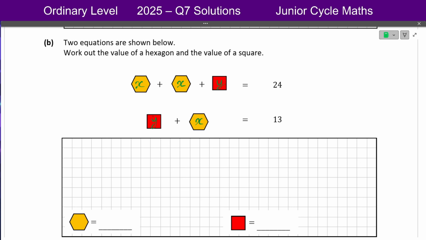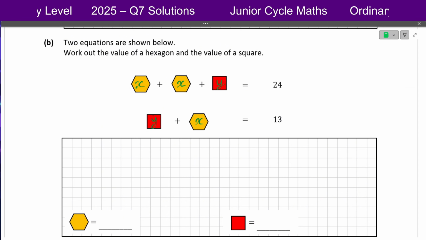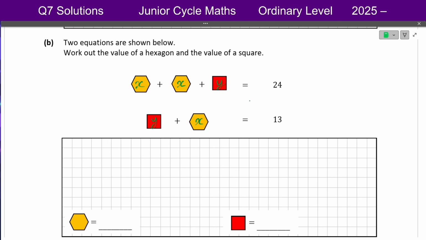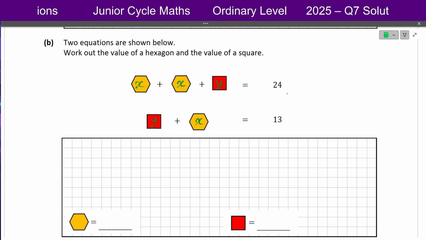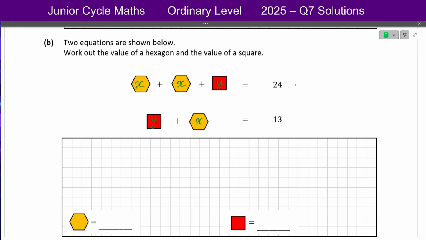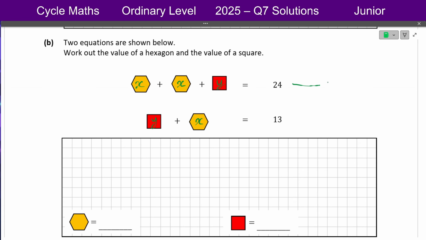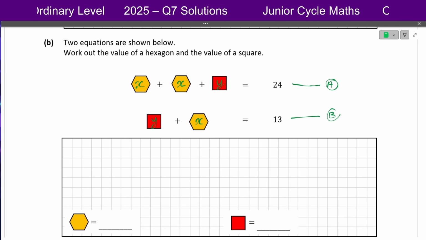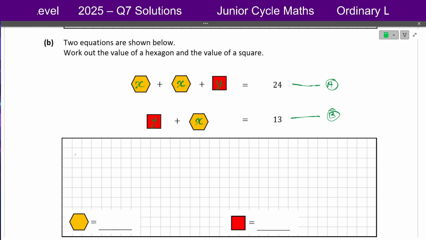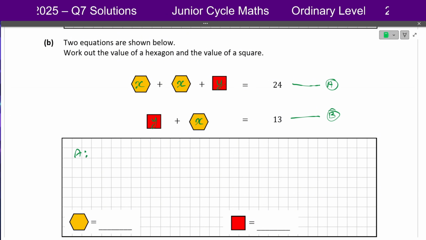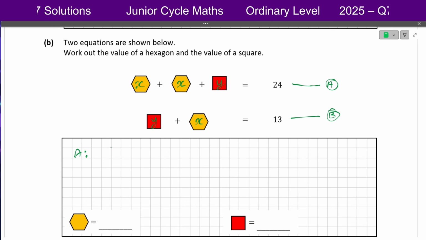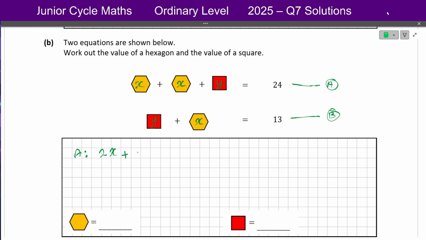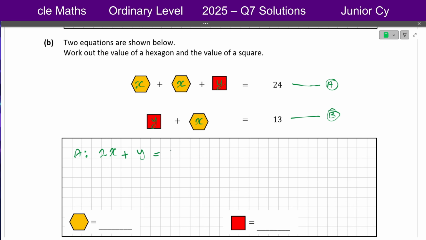So now we have 2 simultaneous equations, and we can solve those 2 equations to find the values of x and y. Maybe it's better to call the first equation a, and the second equation b. So from a, we have x plus x, that gives me 2x, and then plus y equals 24.